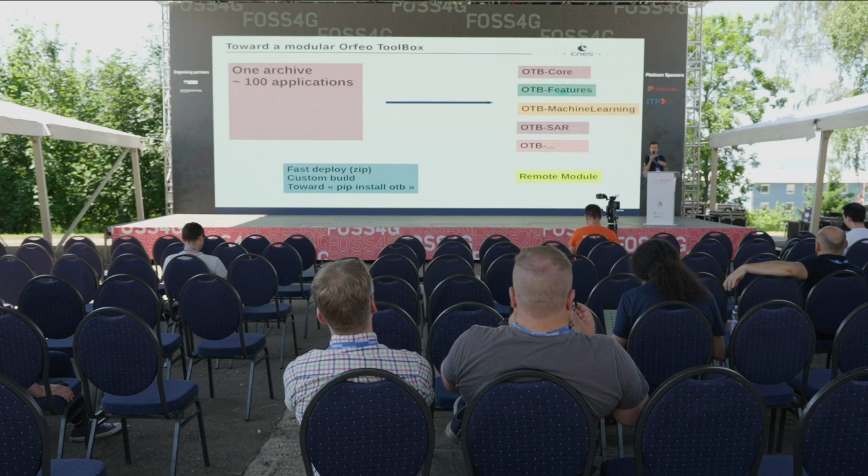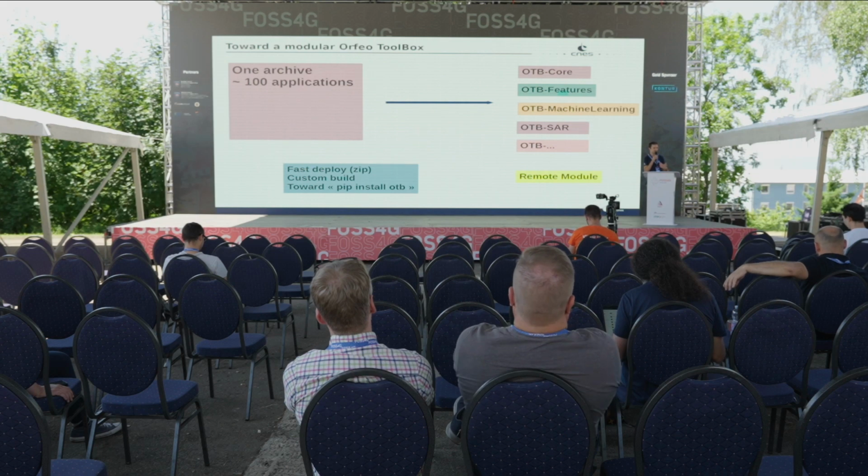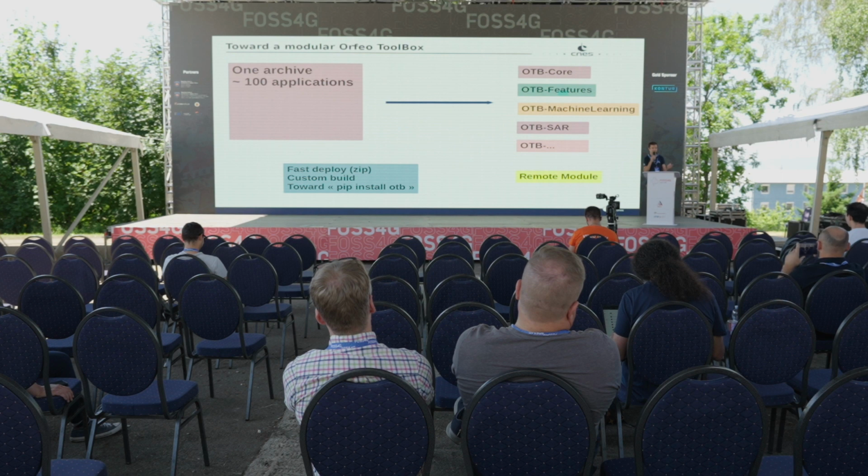The first, OTB core, will contain the main applications that we may use, the core features that differentiate Orfeo ToolBox from other libraries. And we will have, for example, an OTB machine learning or something like that that will contain machine learning algorithms, because even if a lot of people do machine learning with OTB, if you do it with another library like scikit-learn, it's fine, and you don't have to install OpenCV and so on.